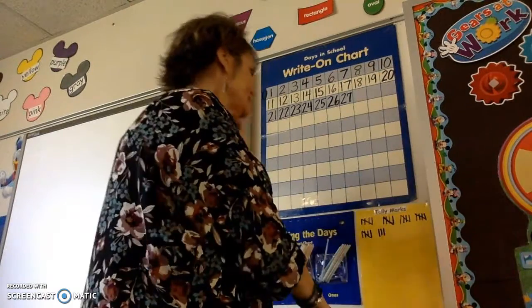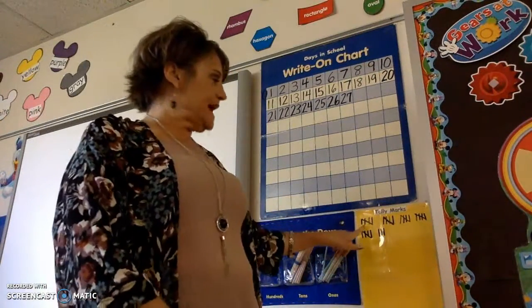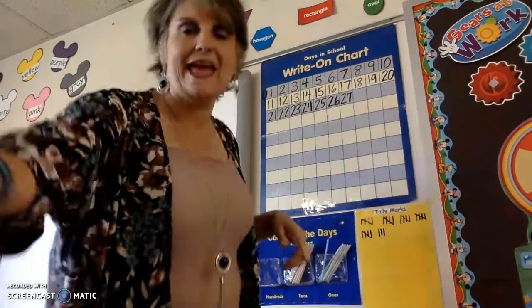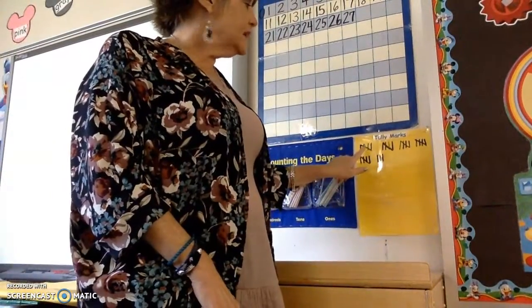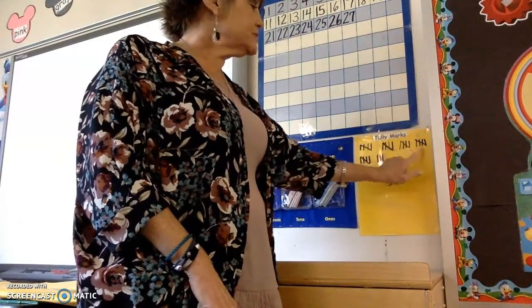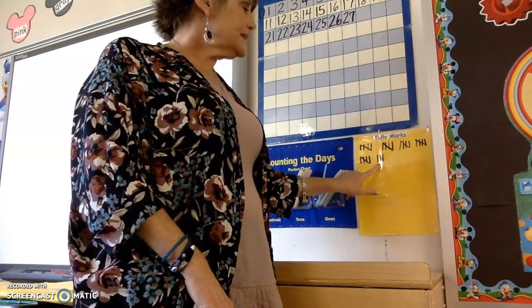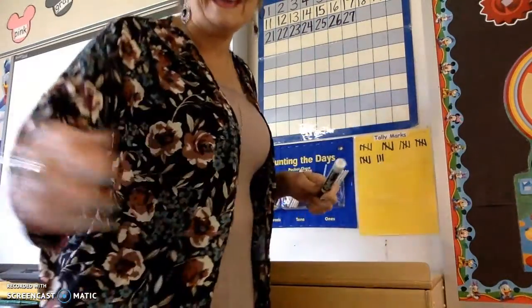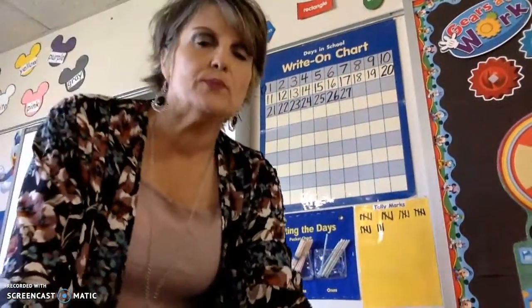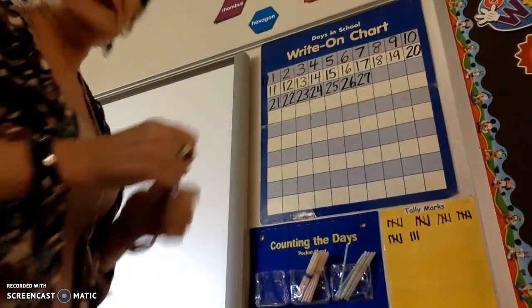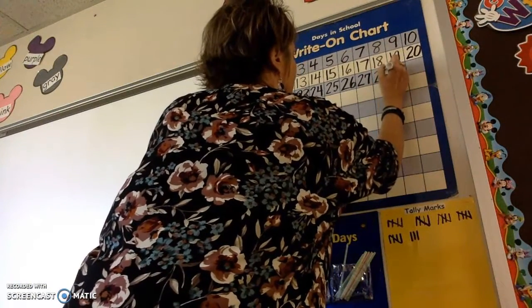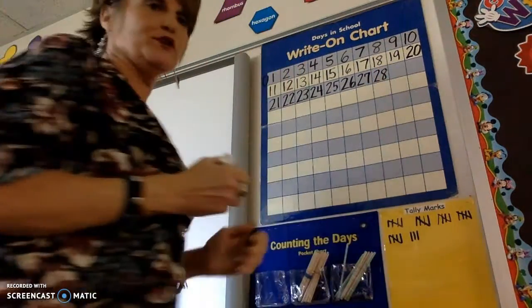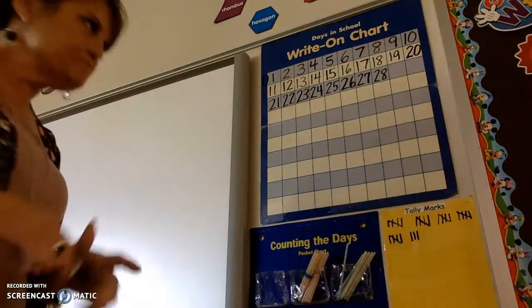We have been in school 28 days. Let's count the tally marks by 5s. 5, 10, 15, 20, 25, 26, 27, 28. So Mrs. Hensley needs to write that 28 up here, and it is going to be a 2 and an 8.